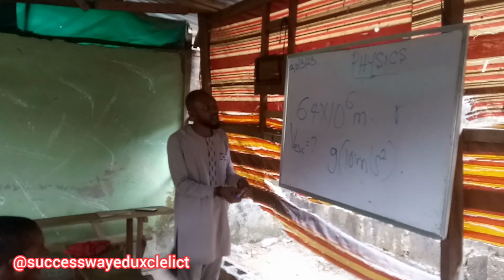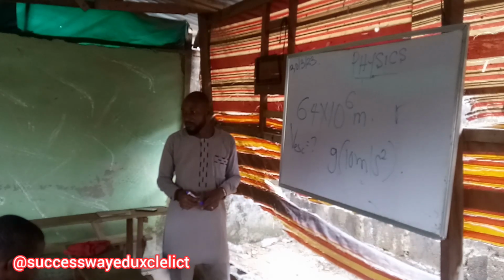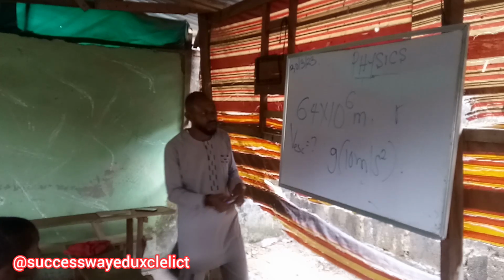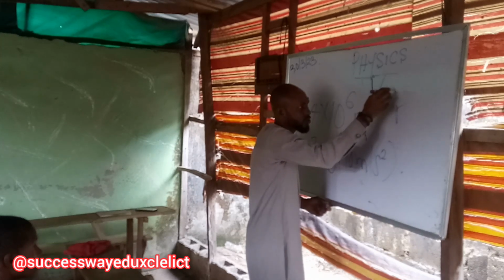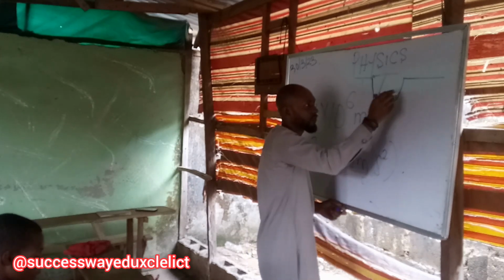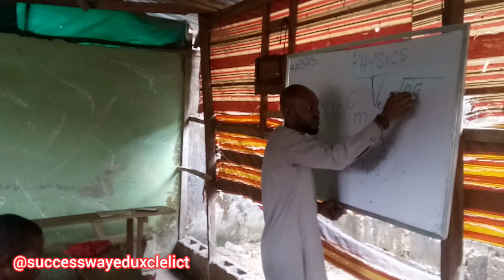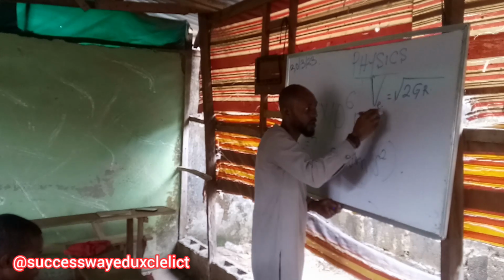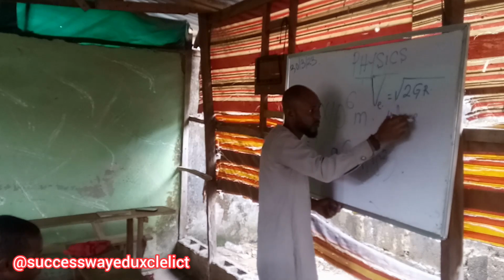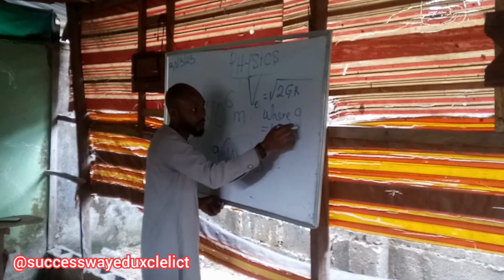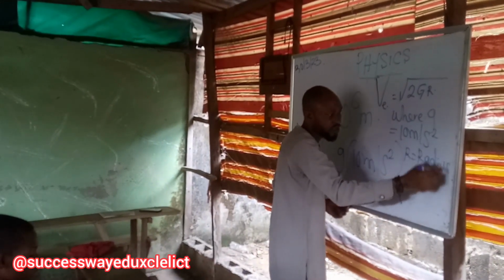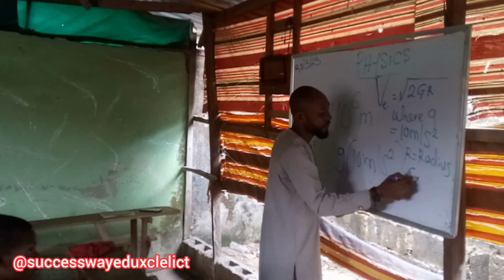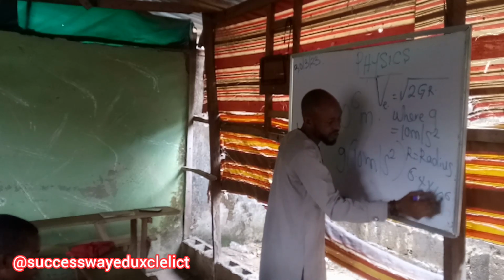Here, the first formula I'm going to give to you, which I expect each and every one of you to do, is very, very simple. Escape velocity, call it v, is equal to the square root of 2gR, where your g is your acceleration due to gravity that happens to be 10 meters per second square, and your R represents the radius, which from the question they've given us to be 6.4 times 10 raised to power 6 meters.